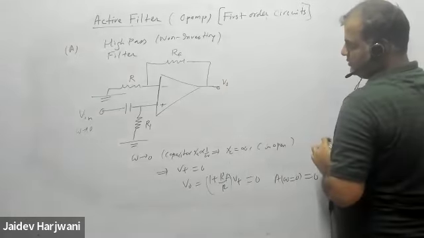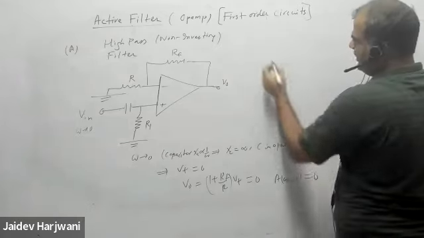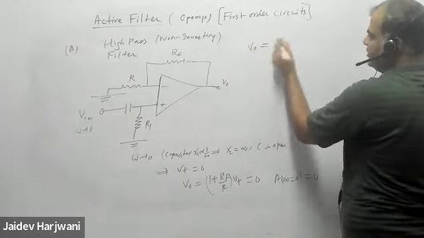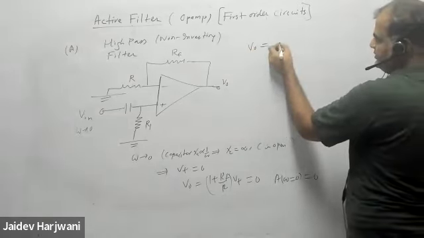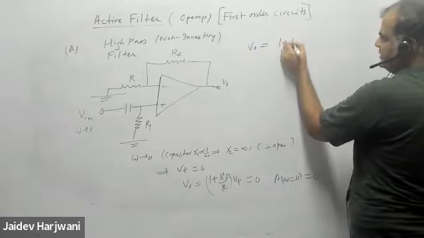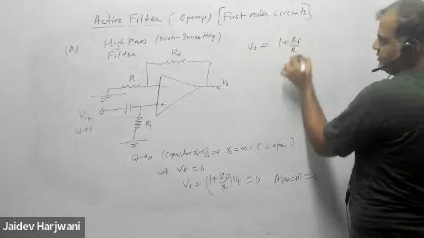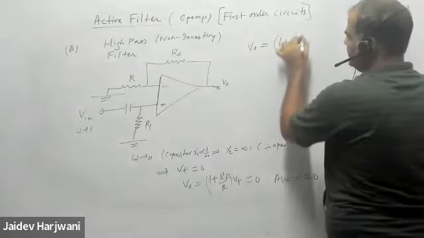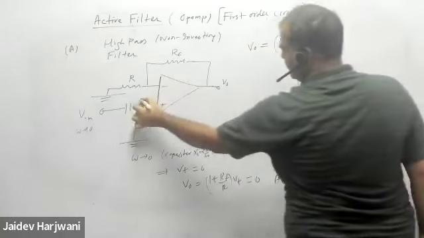So let me write the gain formula. Gain formula is V naught equals 1 plus RF upon R times V plus.